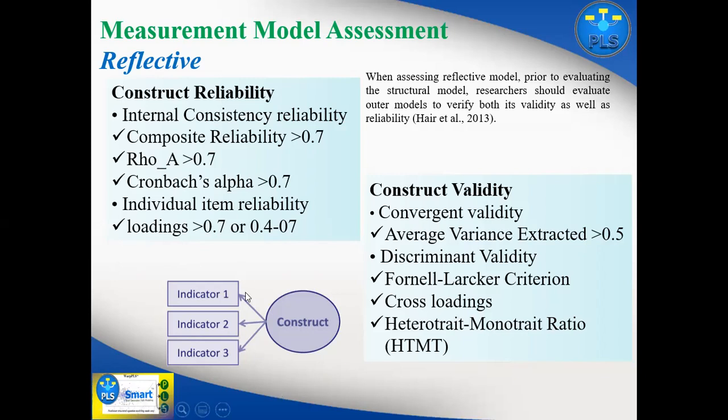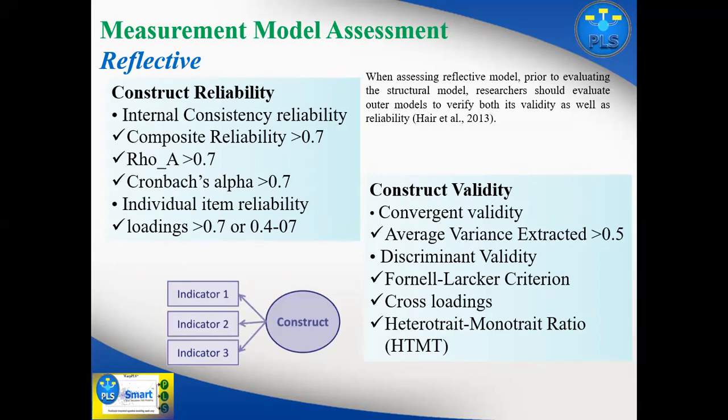The relationship between the construct and indicator one, or the construct and indicator two, or indicator three, are all called loadings. According to the literature, loadings should be greater than 0.7.